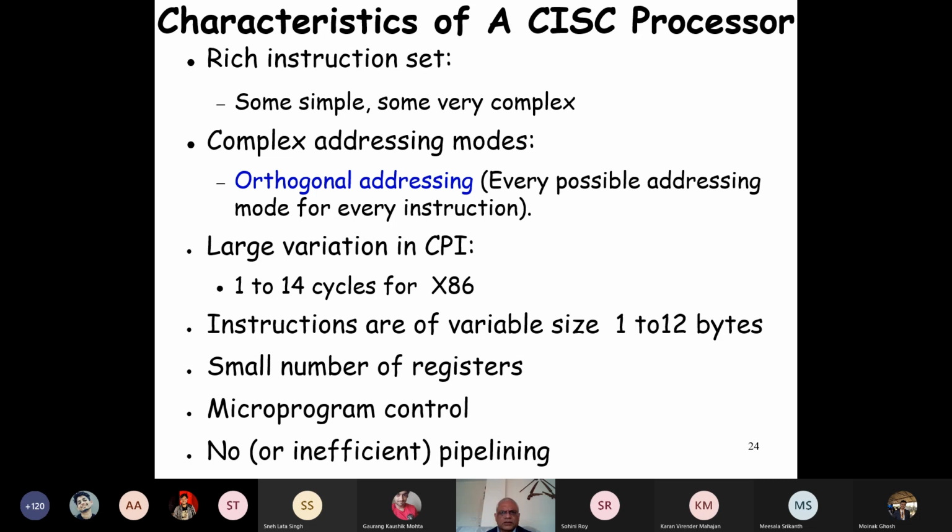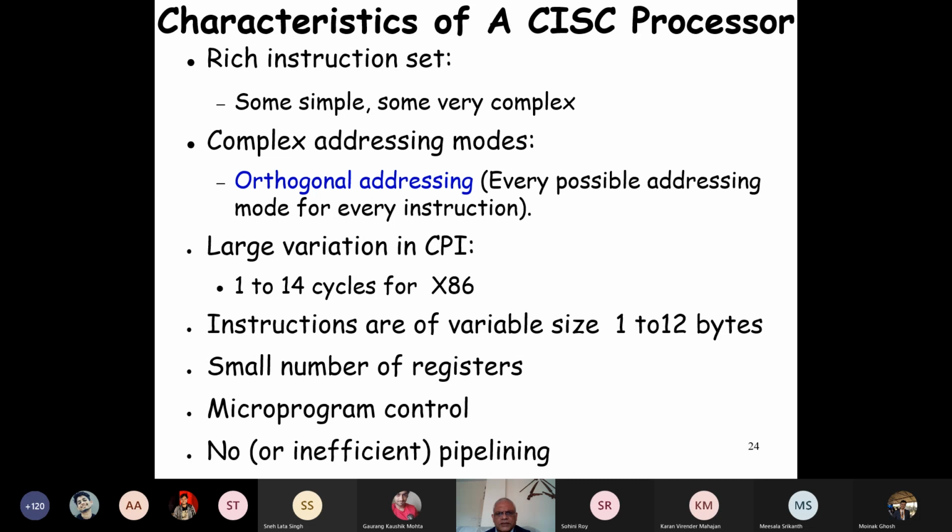So that's called orthogonal addressing. And naturally, there is a large variation of cycles per instruction, because some are very complex instructions, some are very simple. 1 to 14 cycles for Intel 86. Instruction lengths are also variable, 1 to 12 bytes. No wonder, because you have to do string operations and so on.